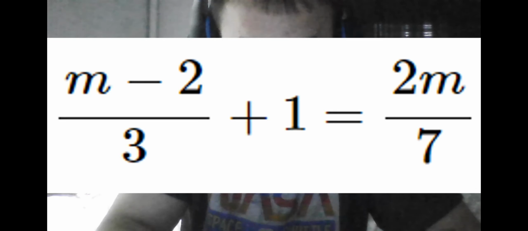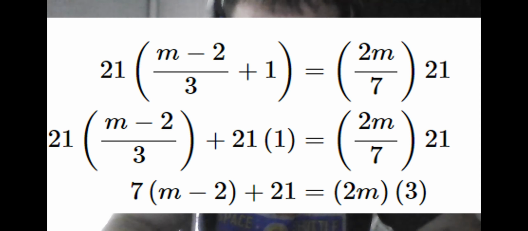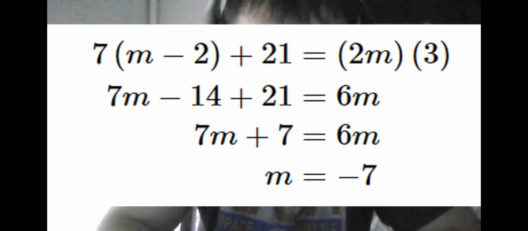So we would multiply everything by the least common denominator, see that the fractions go away, then distribute the simplified answer, add and subtract like terms as appropriate, and finally get terms of m and constants on different sides. And we can see, fortunately for us, the coefficient of m here is exactly 1, so we do not have to do any division. We can conclude that m equals negative 7.